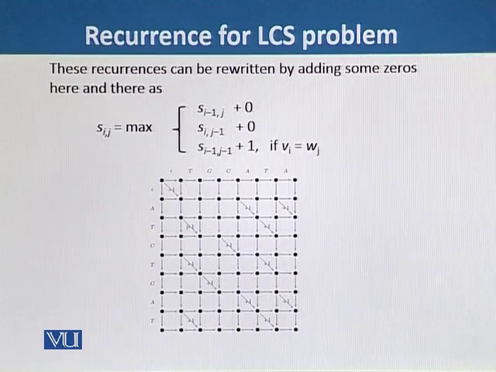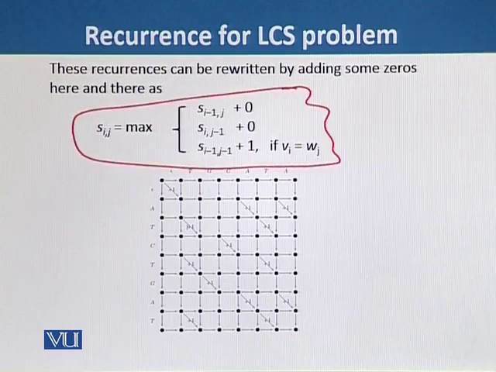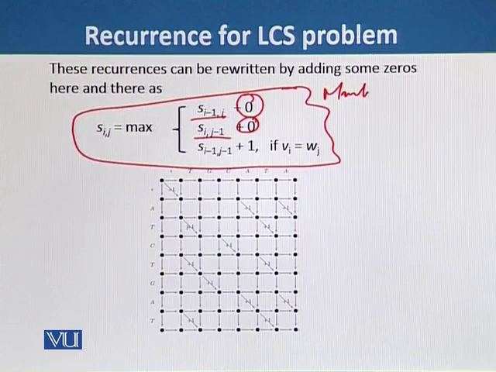Similarly, we can see that this is the same equation. We have added 0 after this equation and this equation. Otherwise, the equation is almost identical. The reason we added the 0 is that the recurrence for the LCS computation is like the recurrence we have already seen in the Manhattan problem.